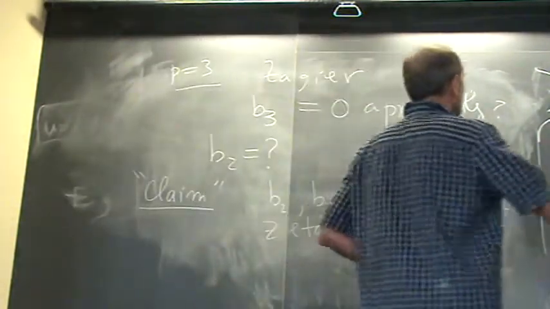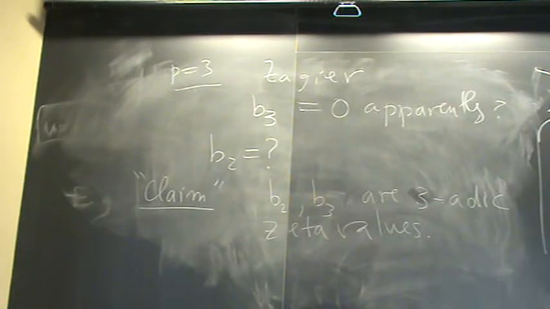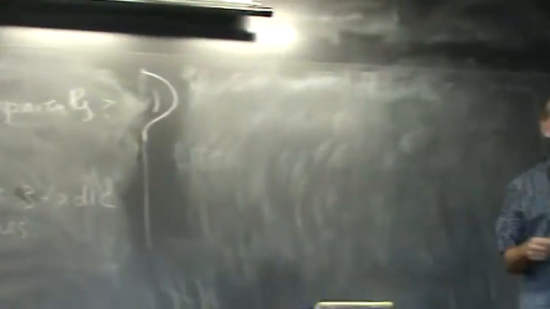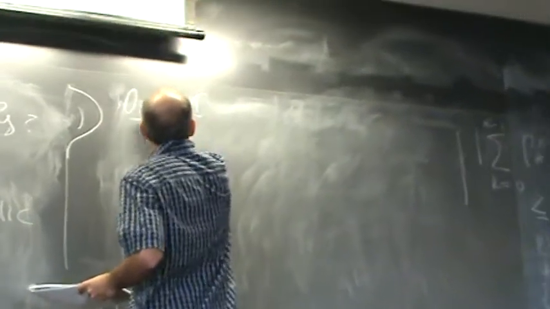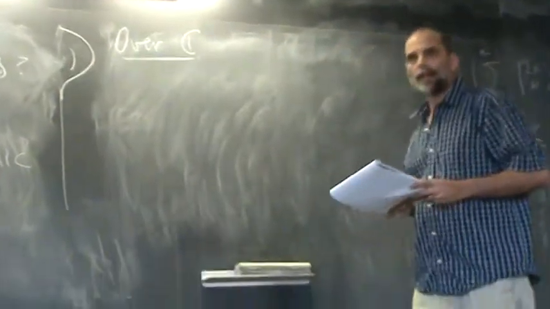So let's try again to play the same trick of going over the complex numbers, hopefully writing power series expressions that we can then plug in and think of p-adically. So let me work over C and try to express these bn's in a different form.